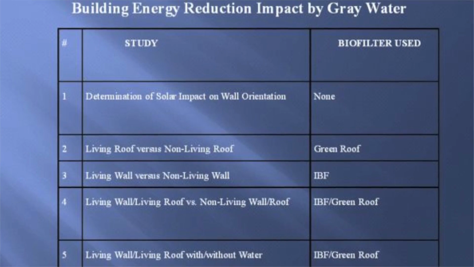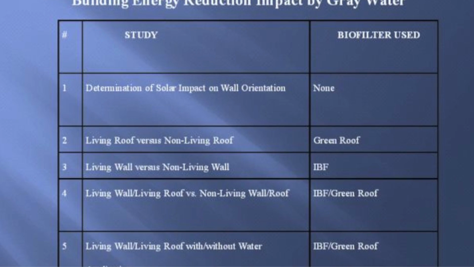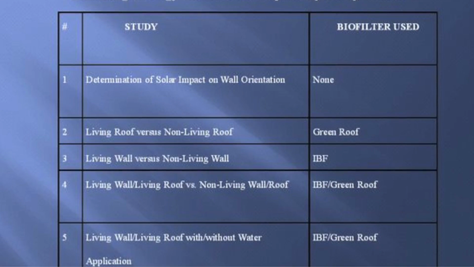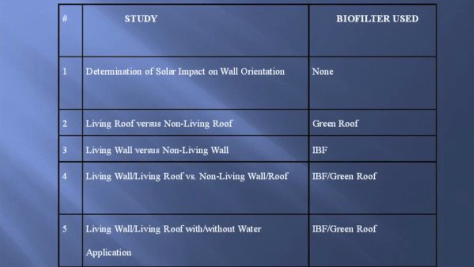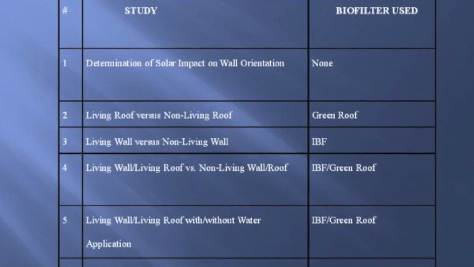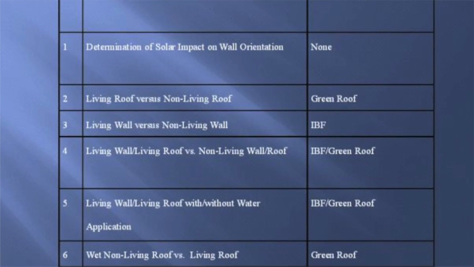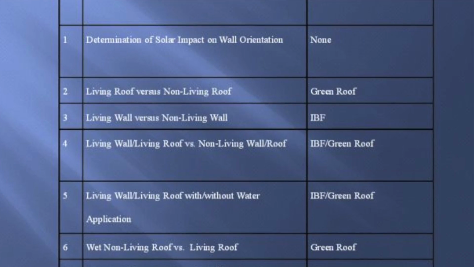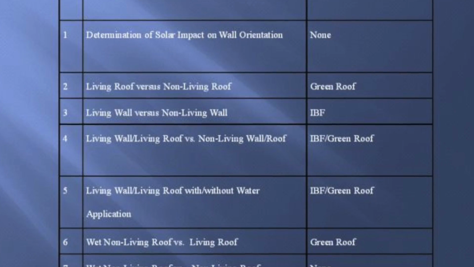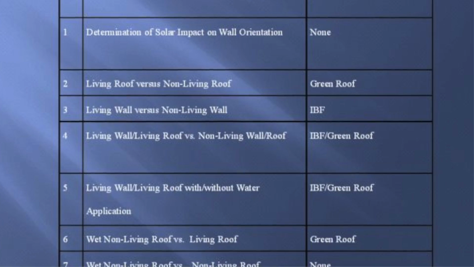So one of the things in looking at this is how could I clean the water and at the same time be gathering the reduction in energy. What I found from this was truly remarkable.